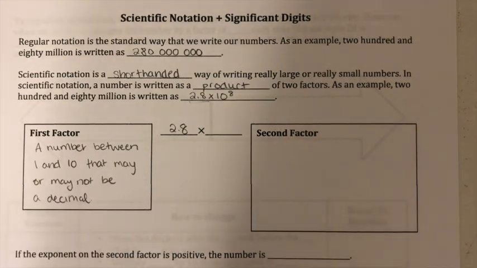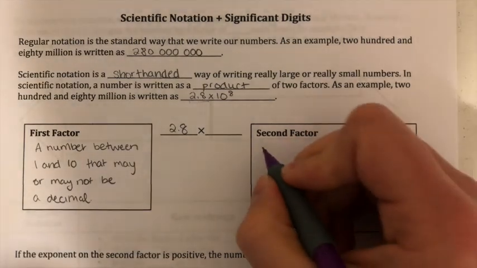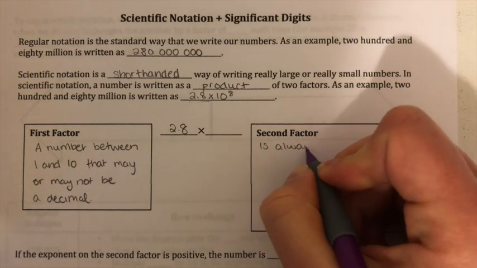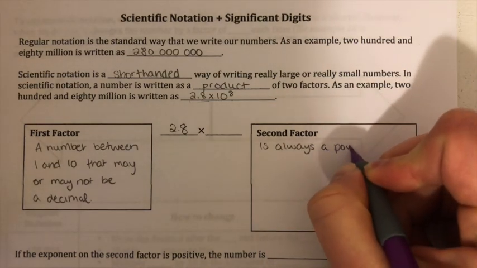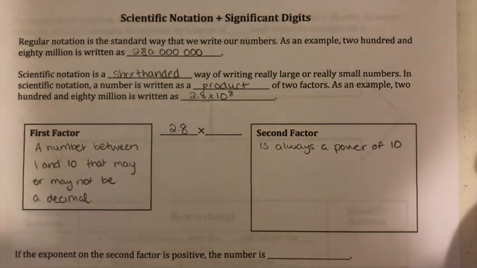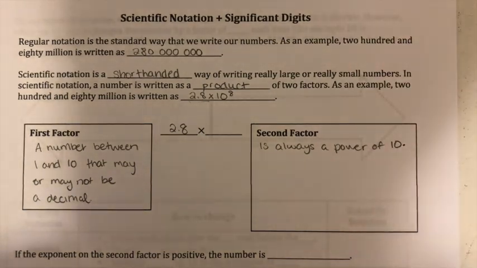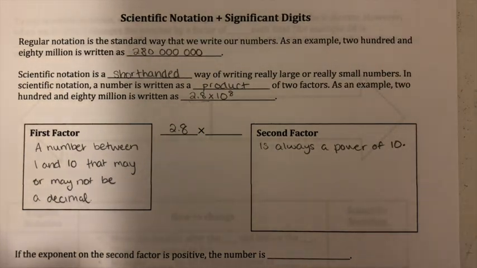My second factor is always a power of 10. Always. So it's always times 10 to something.